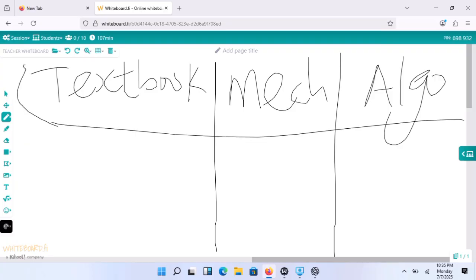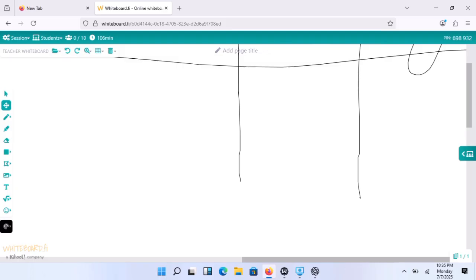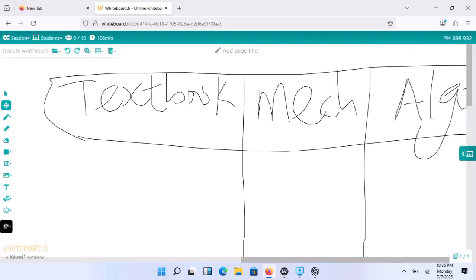I want you to pay rapt attention on this, because it might look confusing. So now the first one we are doing is what? Textbook structure.